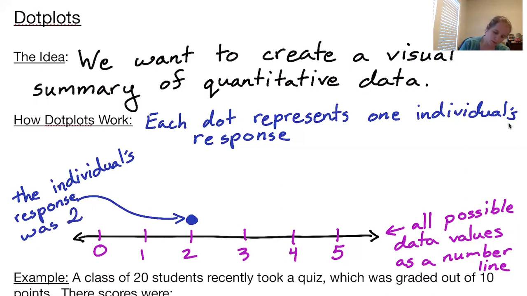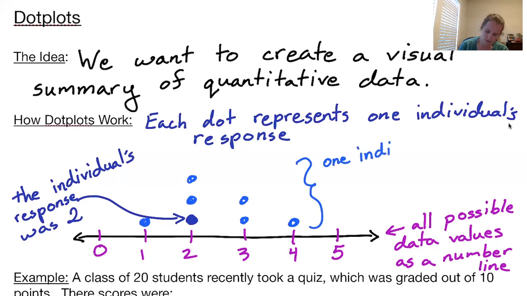So if we add a bunch more dots in, we now have 1 dot above the 1, 3 dots above the 2, 2 dots above the 3, and 1 dot above the 4. What this means, if we summarize all of this, is that one individual responded with a 1.